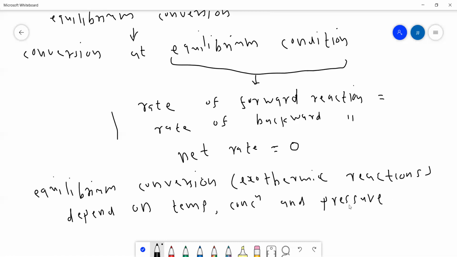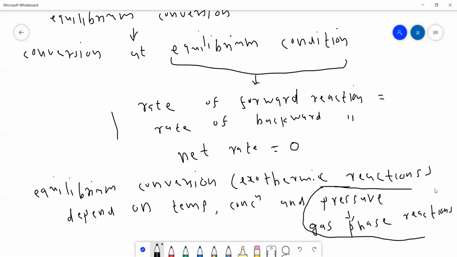Pressure is especially for a gas phase reaction.